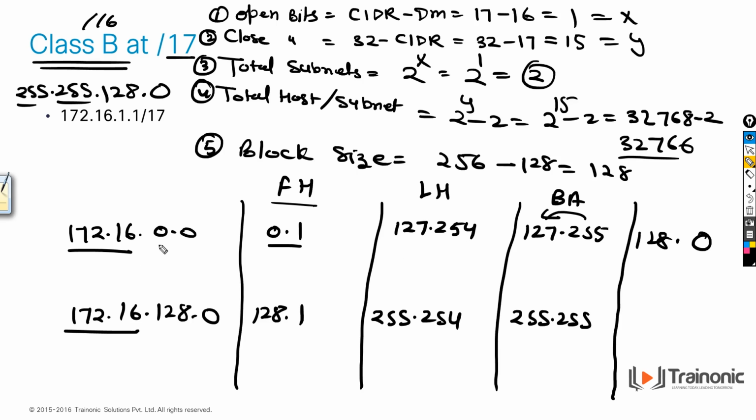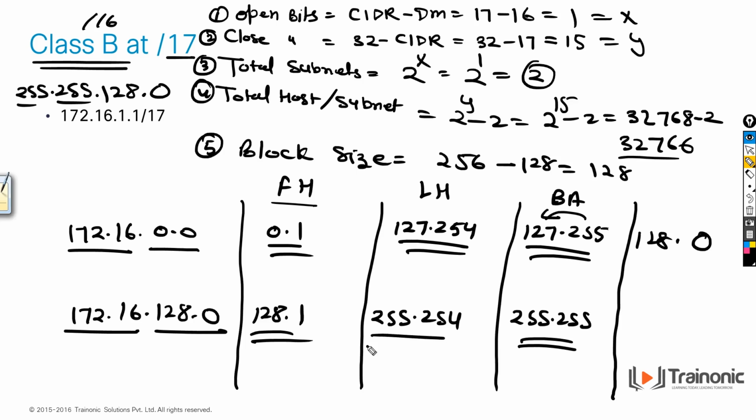The change is only done in the second 16 bits, so these values are in front of you. According to class B subnetting at /17, we will get two subnets, first and second, and the valid hosts per subnet are in front of you.